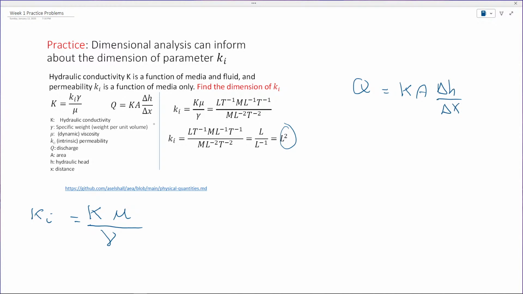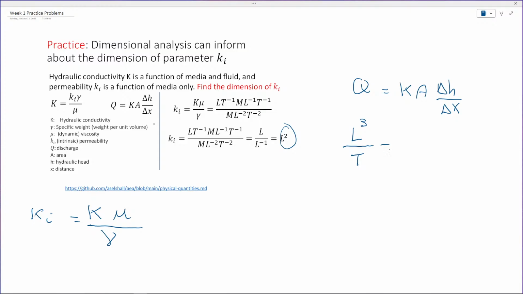So what is the dimension of discharge? Remember, this is volumetric flow rate, so that would be volume over time. Volume would be L cubed over time, because remember, length is L, area is L squared, and volume is L cubed.